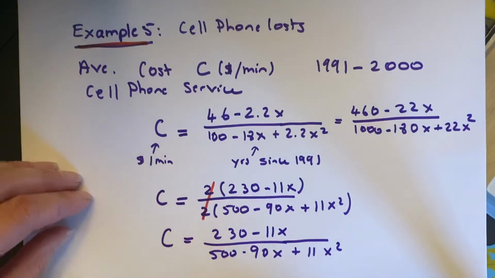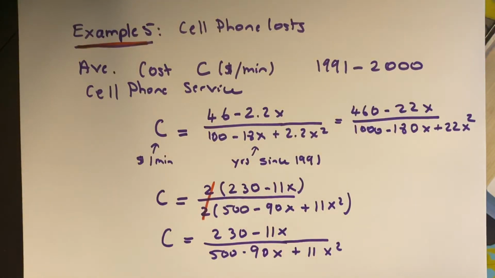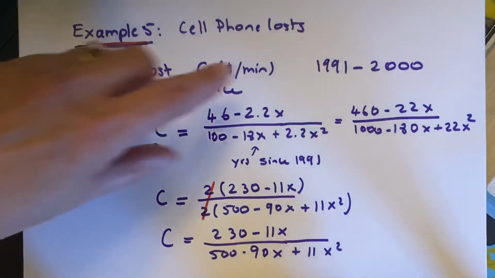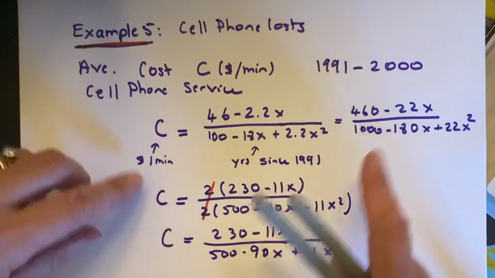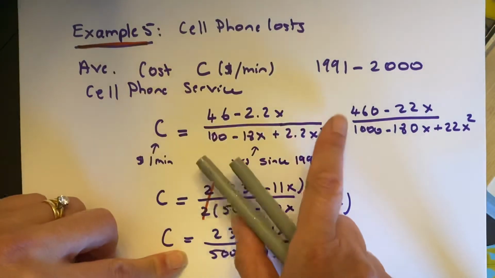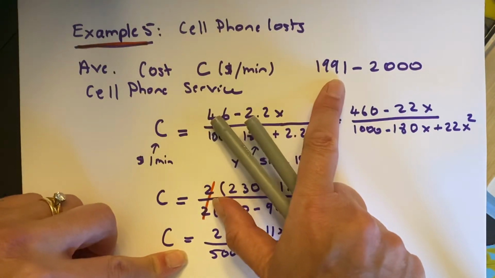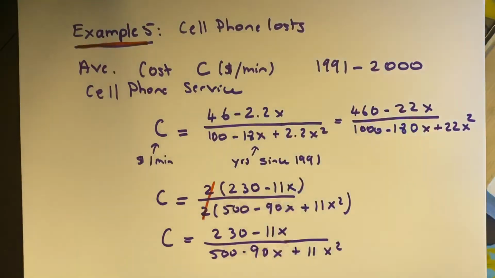And if you look down at guided practice number 12, they ask approximate the average cost per minute in the year 2000, which means essentially that they want to know when x equals 9, in other words, 9 years after 1991, what is the cost per minute going to be?